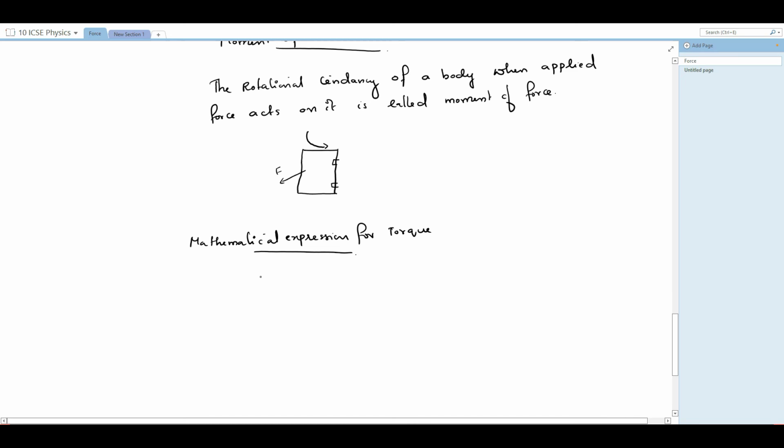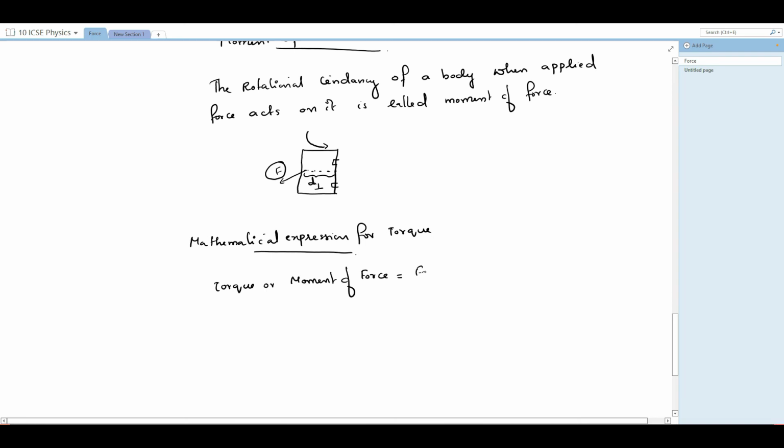Remember, torque, or moment of force, is equal to the force which you apply times the perpendicular distance. This is the perpendicular distance between the force and the hinge. Got it? I will write it as d perp.